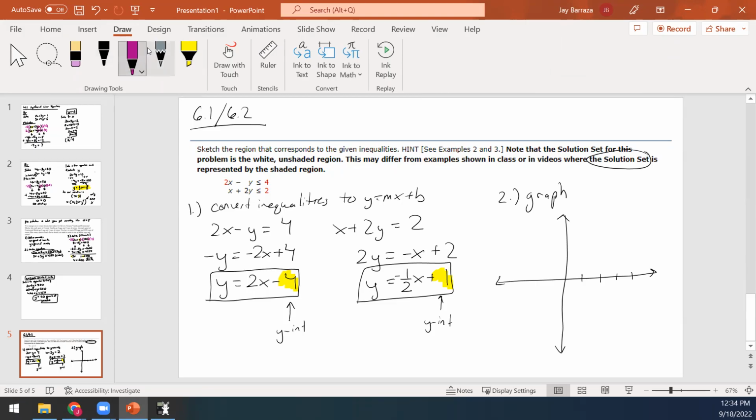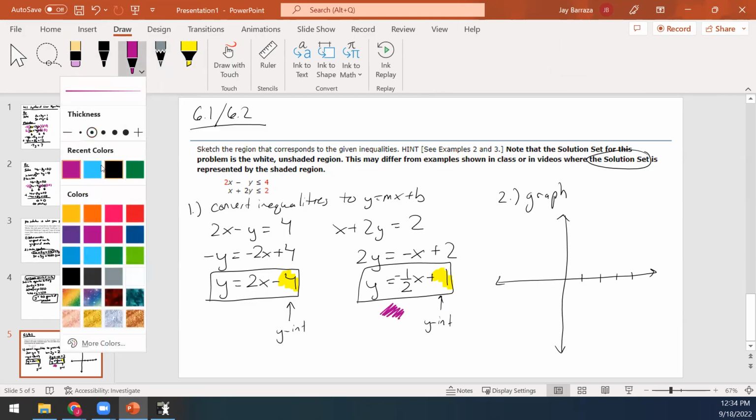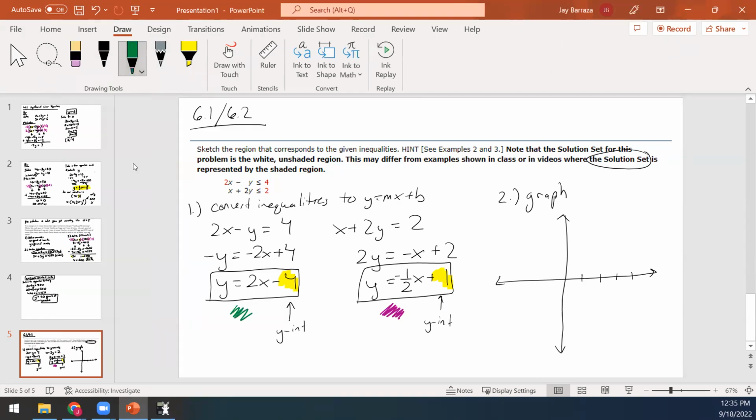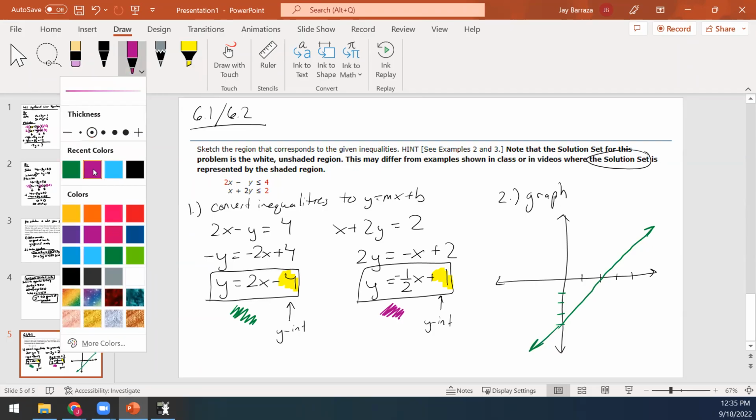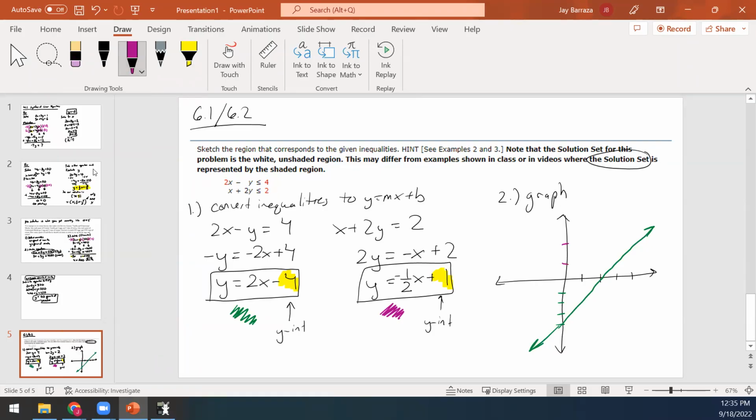So this one will be purple, and then this one will be green. Okay. So this is a 1, 2, 3, 4. So it's going to do something like this. Okay. And then this one's going to be positive 2, and then it's going to go down by 1. And it crosses like that. Okay. Any questions?